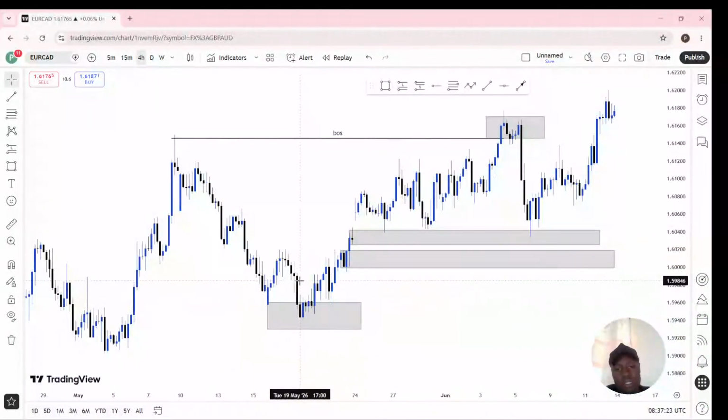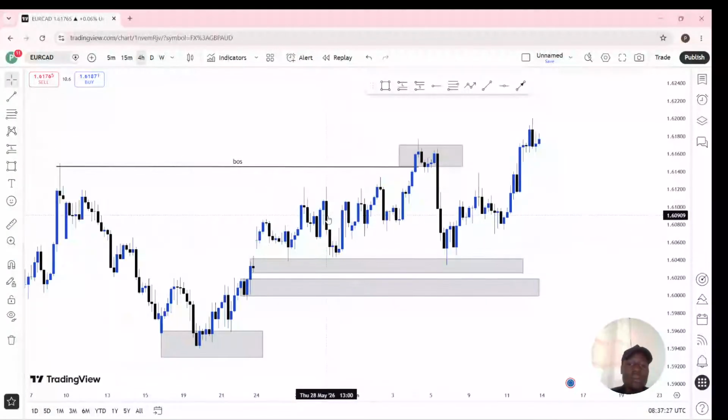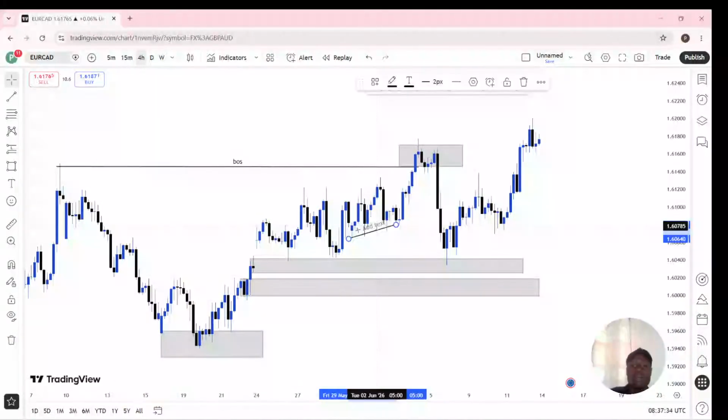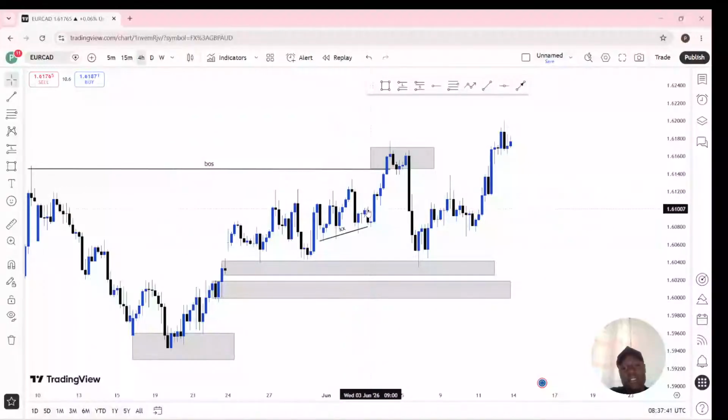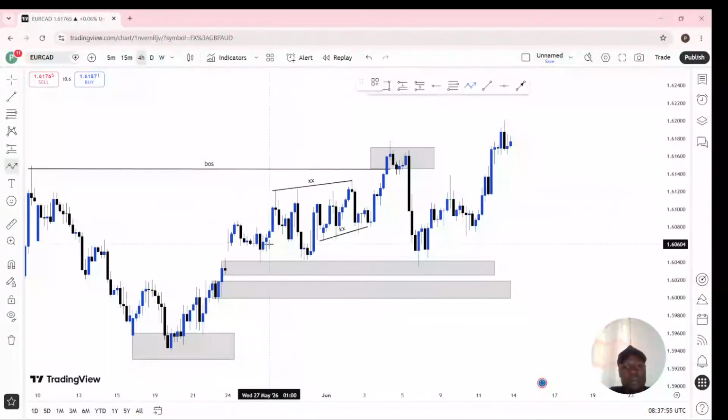Now let's see how price reacted right here. We identified that this area contained a lot of liquidity. You can see these are buy positions lying here. Those are all buyers kicking in the market. Sellers were also in power. You can see that's where a consolidation happened, sellers pushing the market and buyers doing the same.